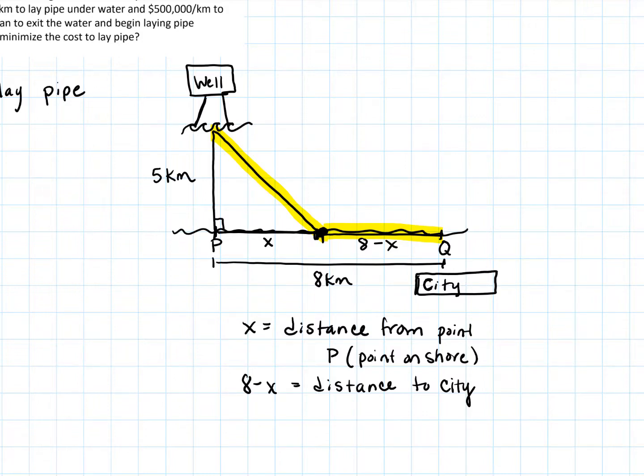Well, we could use Pythagorean theorem here, and that would actually have to just simply be, let's get my pen instead of my highlighter, the square root of x squared plus 25, okay? Just using Pythagorean theorem.